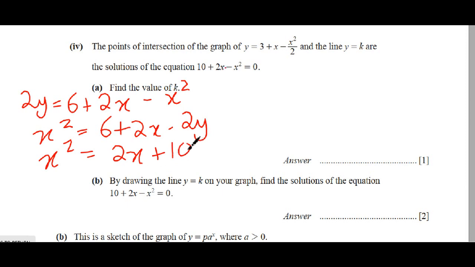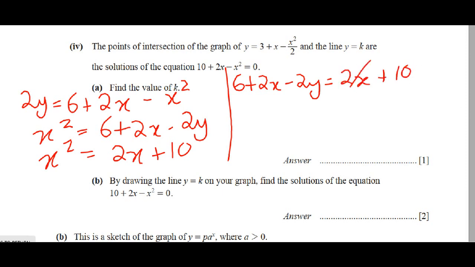Now we can eliminate x square and get 6 plus 2x minus 2y equals 2x plus 10. X is being eliminated like it should, and we get minus 4 equals 2y, so y equals minus 2, so k equals minus 2.